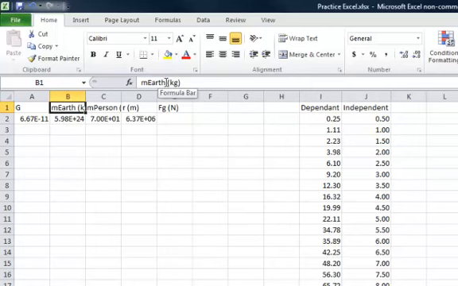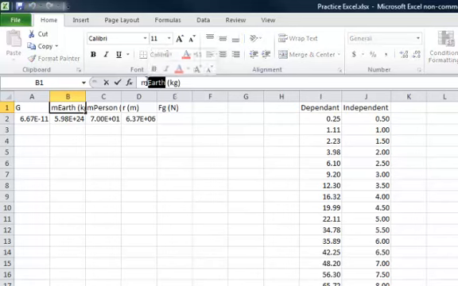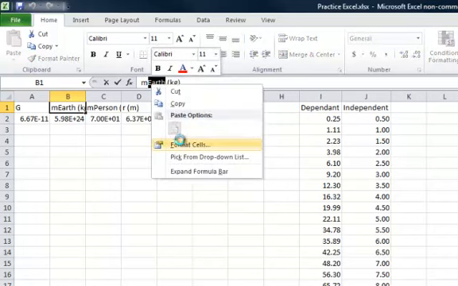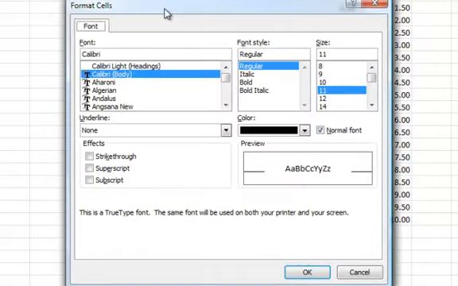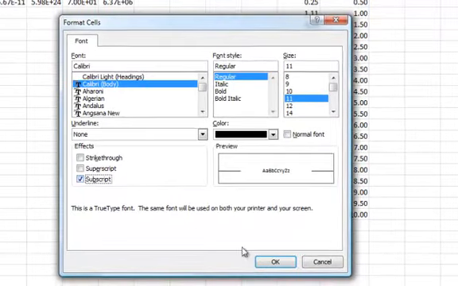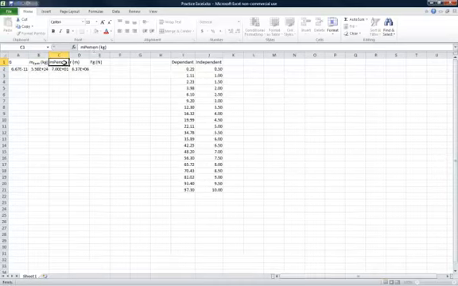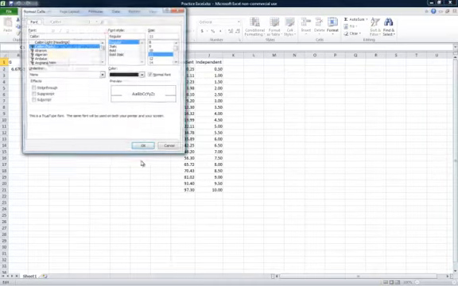So I'm going to click on the box, and right up here I'm going to highlight Earth. I'm going to right click, hit Format Cells. Again, like I said in class, since this is a text cell, and it knows that because there are letters in there, it's only giving me the options of font. So I'm just going to hit subscript here. And now I'm going to do that for all of those things that really need to be subscripted.